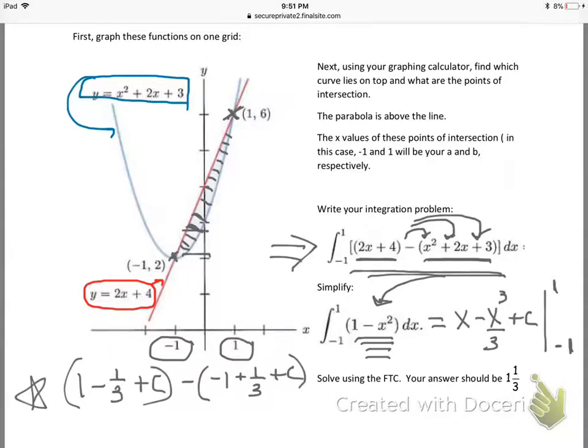So 1 minus 1/3 is 2/3, minus -1 plus 1/3 is -2/3, but it's a negative 2/3, so it's plus 2/3, which gives me 4/3, which is equivalent to 1 1/3.